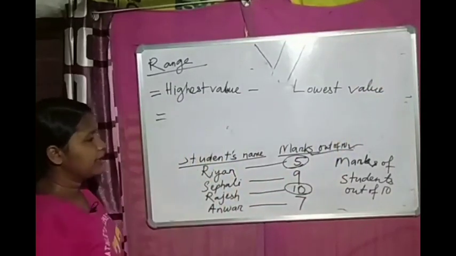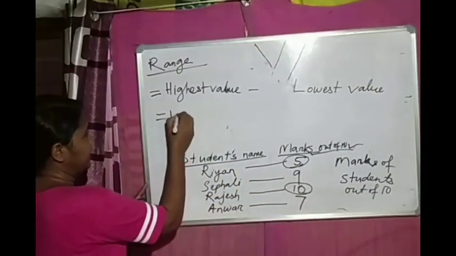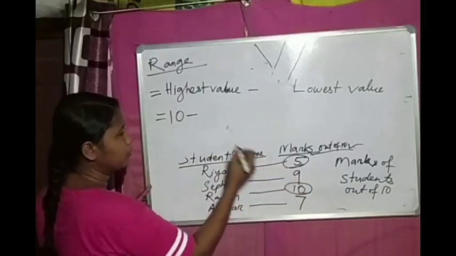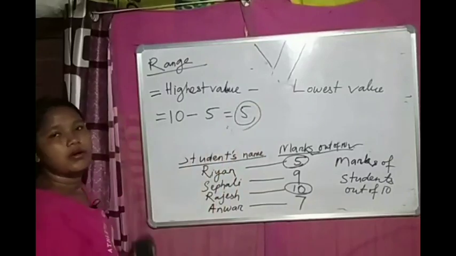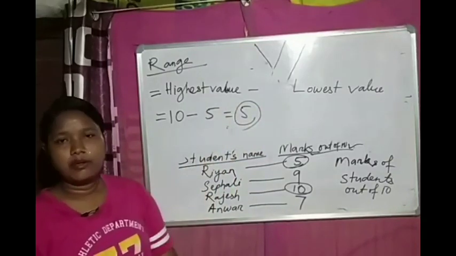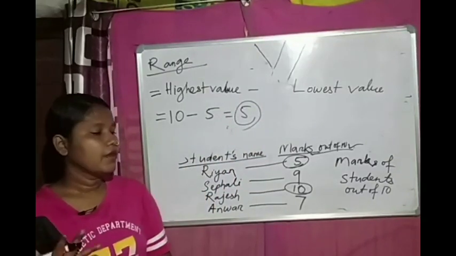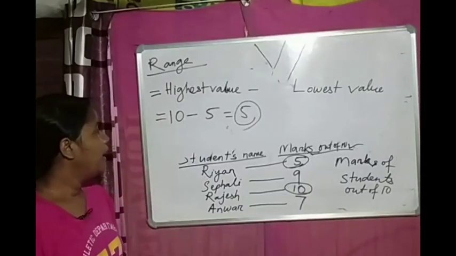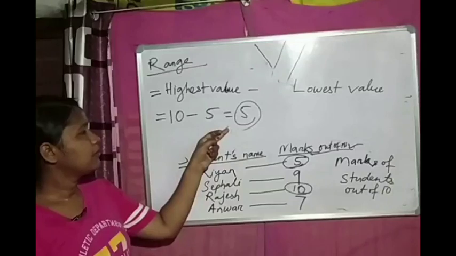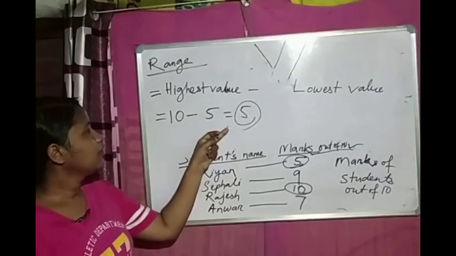We have highest value 10 minus lowest value 5, so the range is 5.